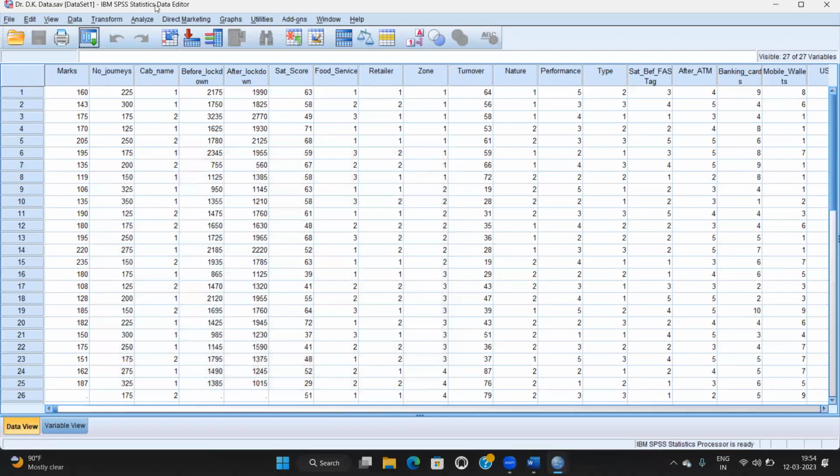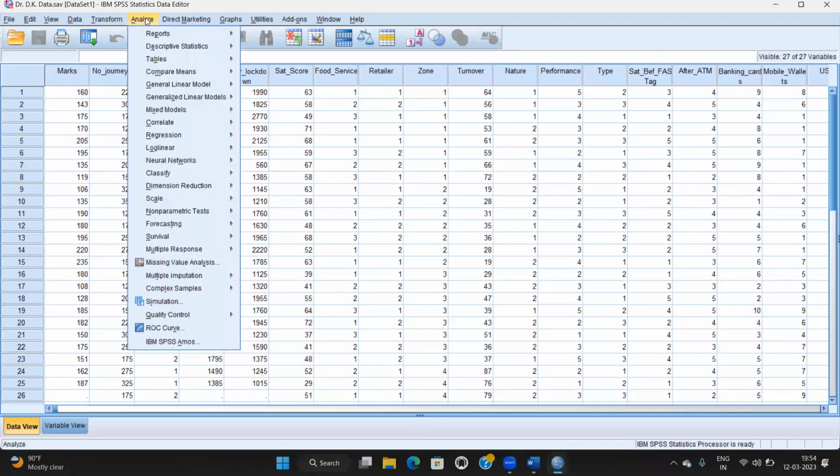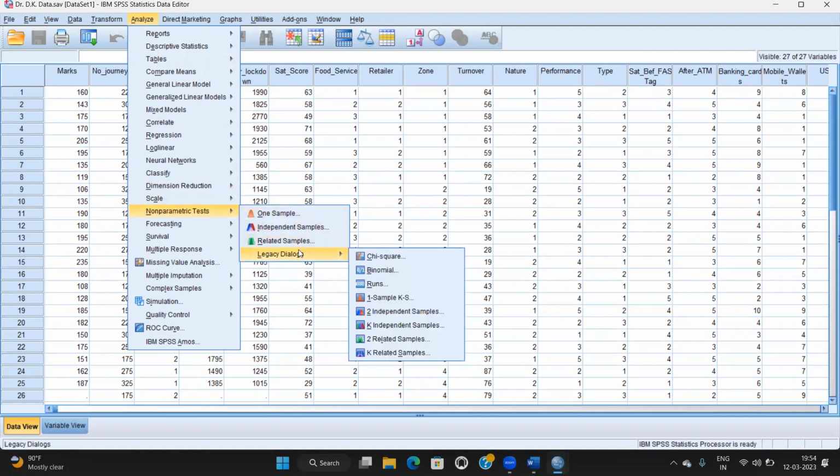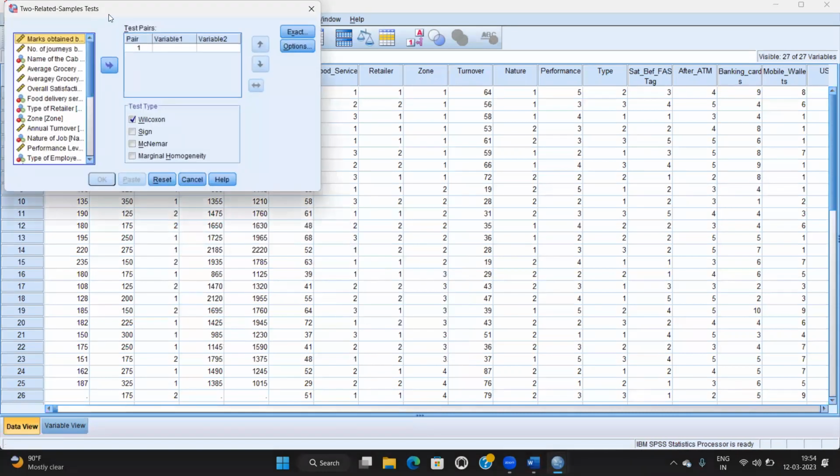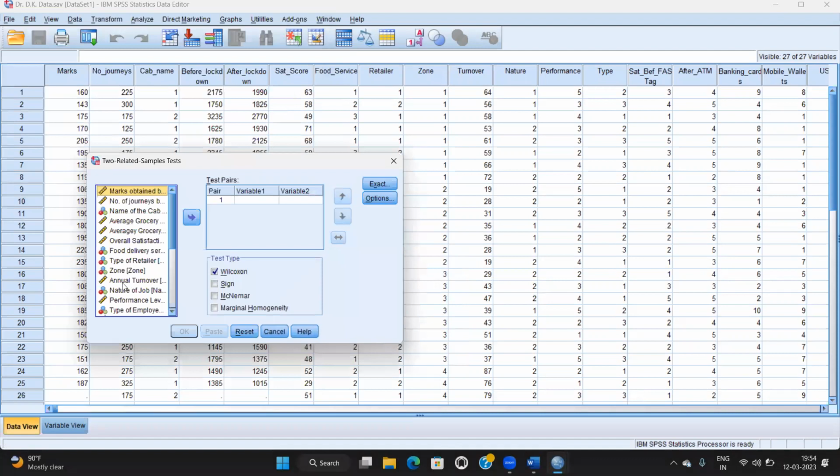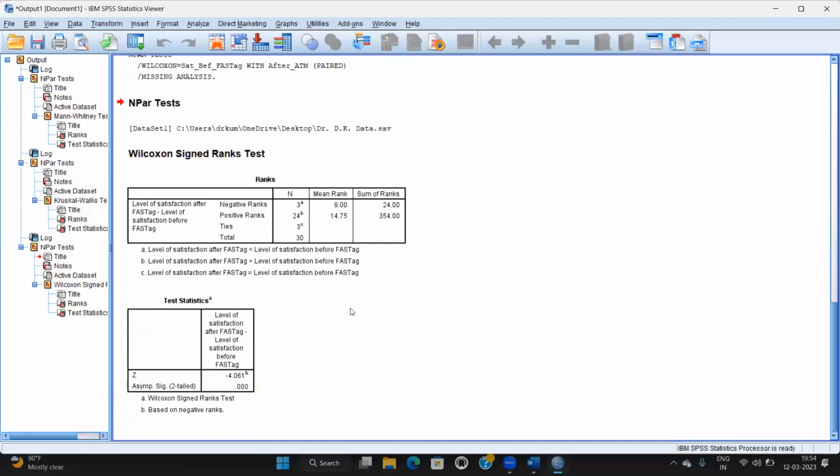Repeat: Analyze, Non-parametric Tests, Legacy Dialogs, 2 Related Samples. What are the related samples here? Satisfaction before FASTag and satisfaction after FASTag. Click OK. So these are the results.